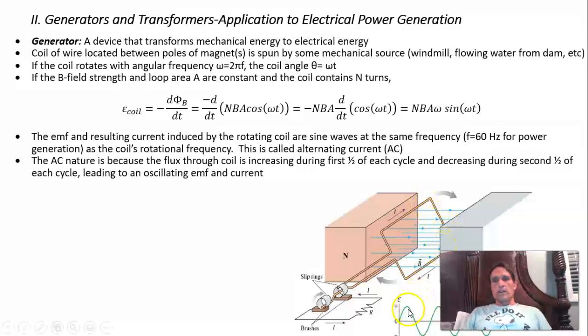So it goes increasing, decreasing, increasing, decreasing, and that's what gives rise to this alternating current. And so this is how AC current and AC voltage are generated at the power plant, by this big coil rotating in a large magnetic field.